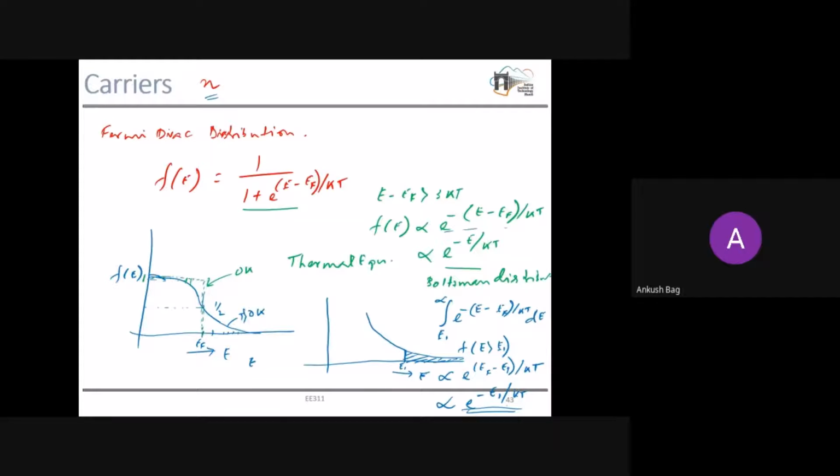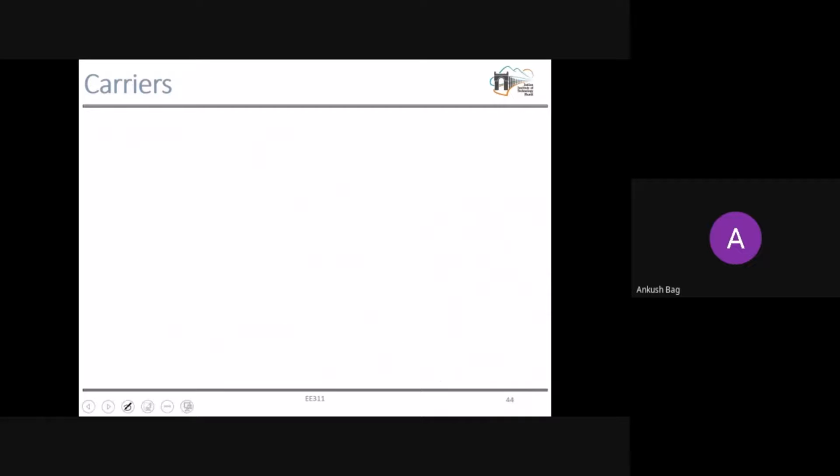So this is the dependence of your Fermi function or carrier concentration on this exponential term with energy. Now let me go to the next slide.